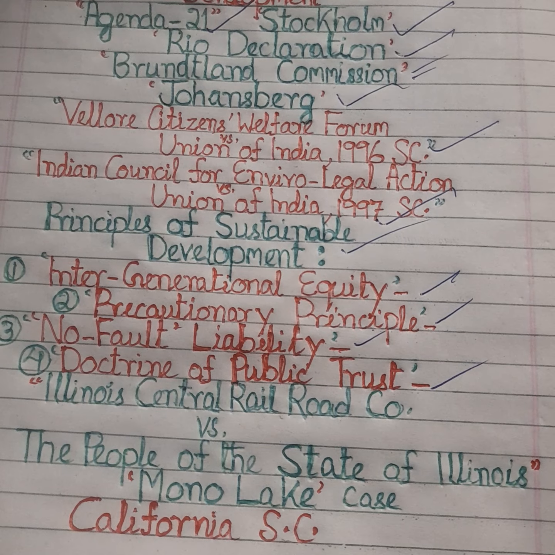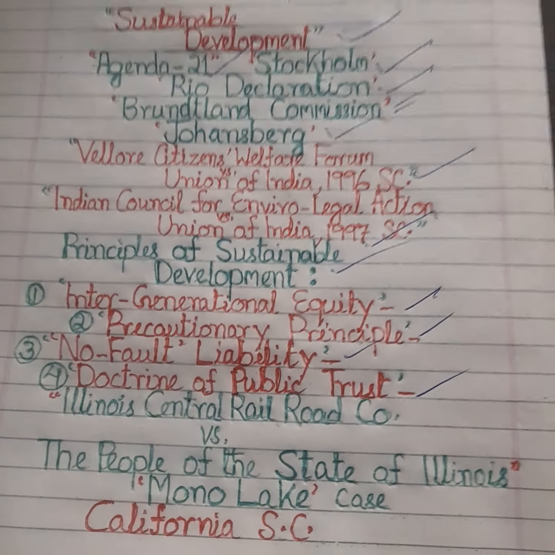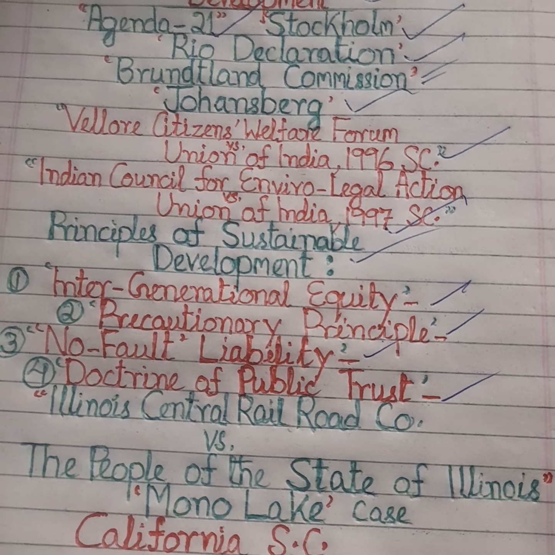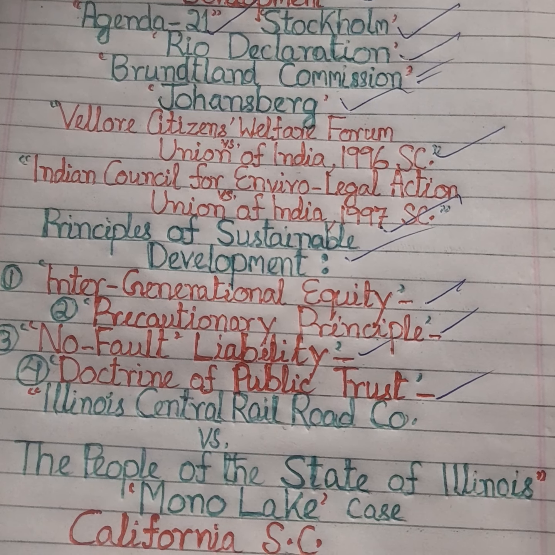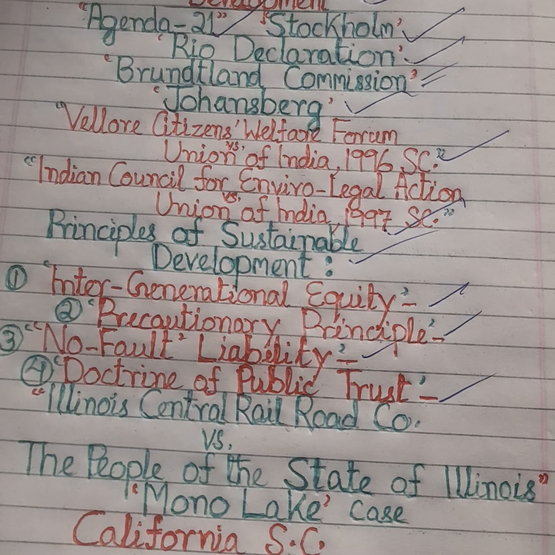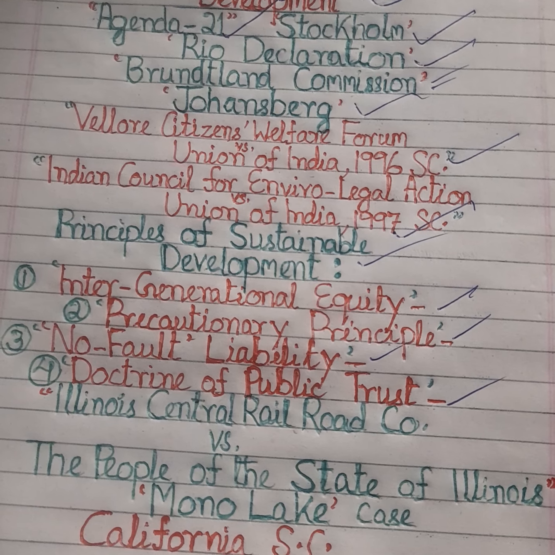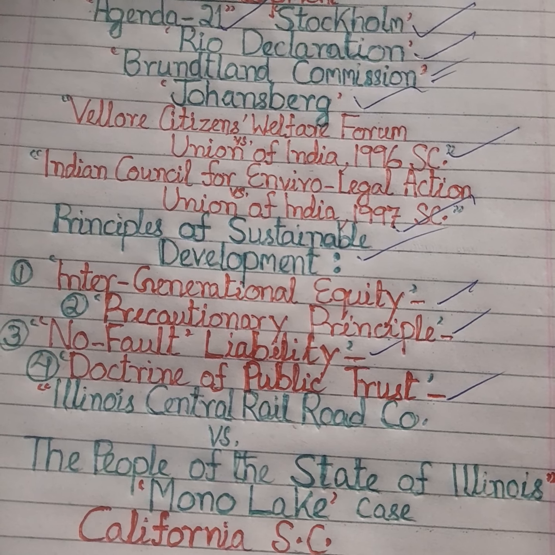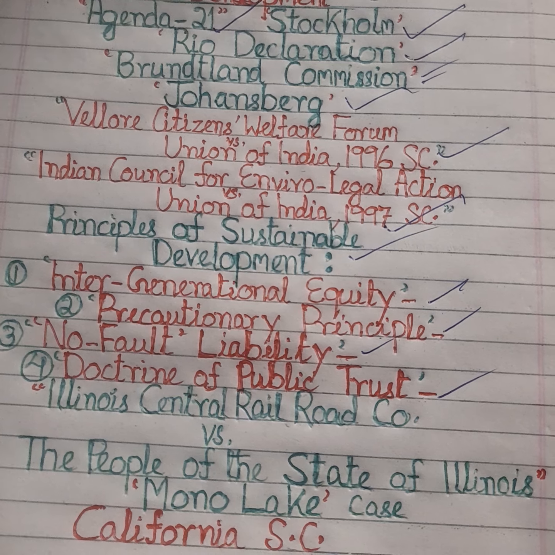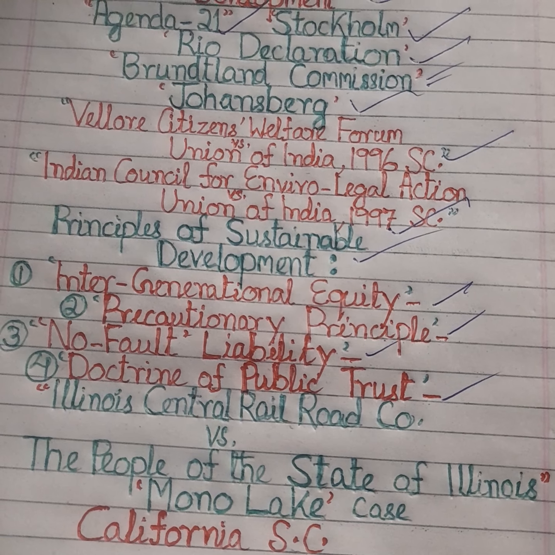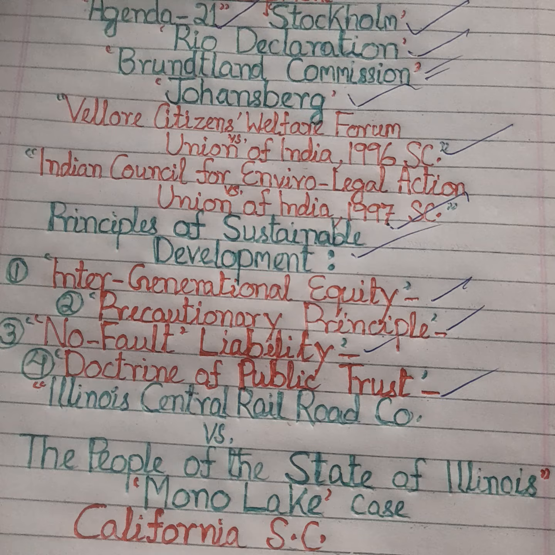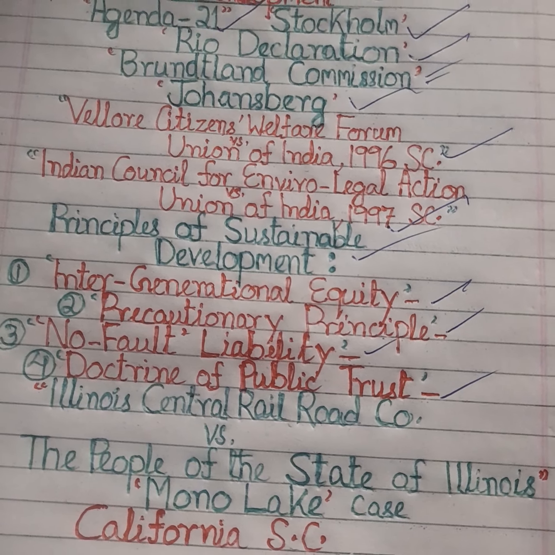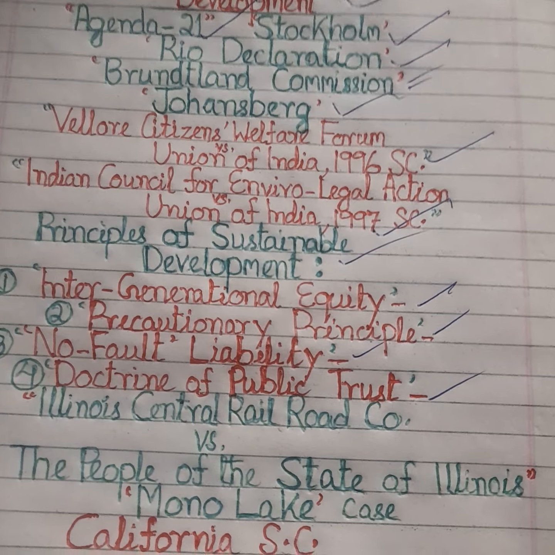As we already discussed a month ago on our channel, we want to repeat the principle of intergenerational equity and how it came about. We find that the Stockholm Declaration of 1972 made indirect reference to the principle of intergenerational equity under principles 1 and 2 of the conference.